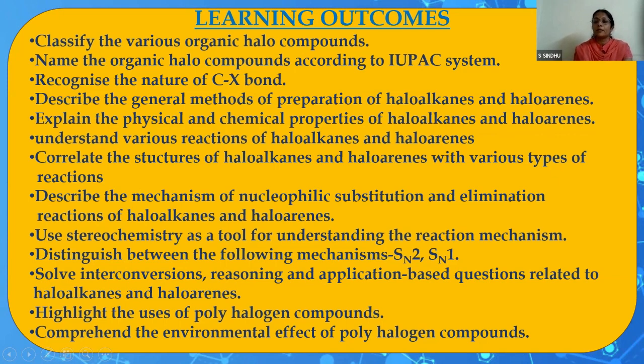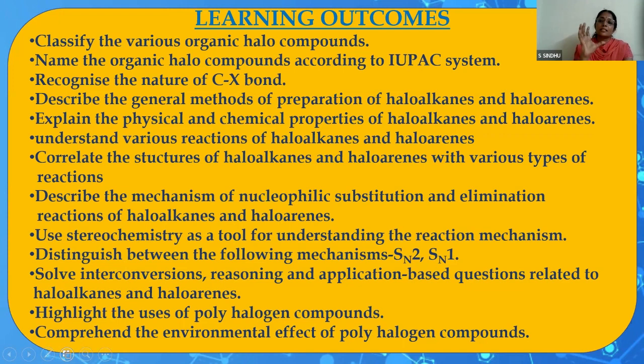Why that particular reaction is happening or not happening is dependent on the structures. Then the mechanism, the main aspect in this chapter is the mechanism of the nucleophilic substitution reactions. Elimination, we are not moving into the mechanism, only for the nucleophilic substitution. Then the stereochemical aspects of nucleophilic substitution reactions. Then distinguishing between the SN1 and SN2 mechanism.